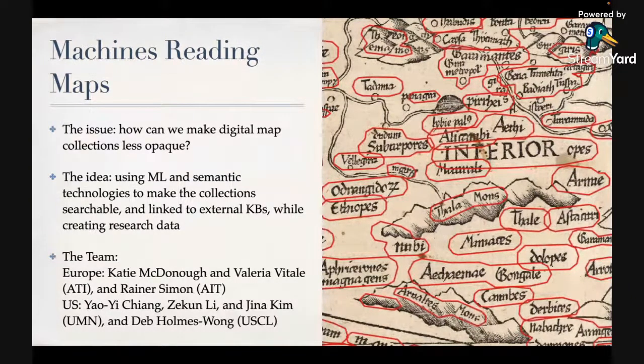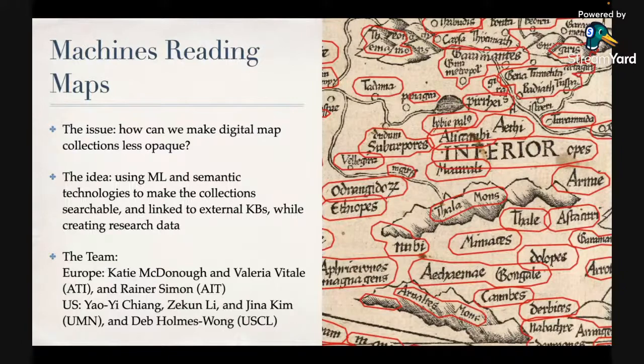The idea of the project was to use a combination of machine learning and semantic technologies to process the digitized maps and detect and recognize the text, so produce a sort of transcription of the text that appears on the map, so that the maps become more findable, but also more searchable, in themselves.